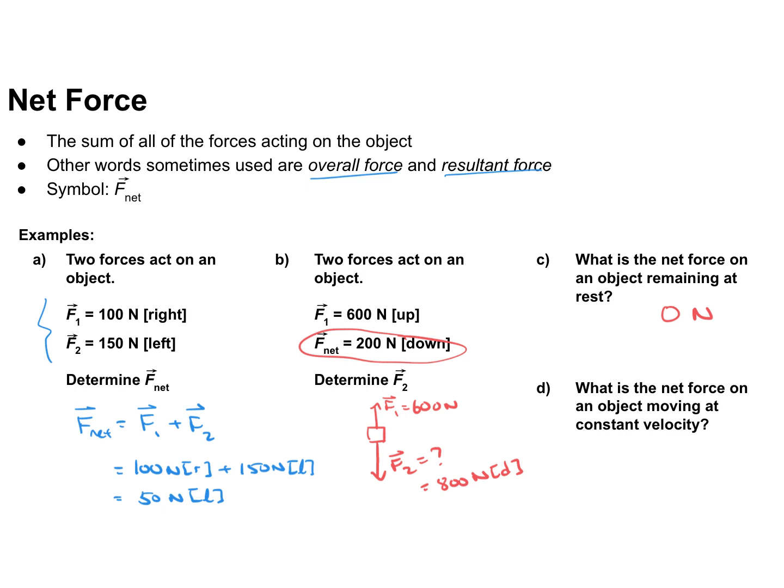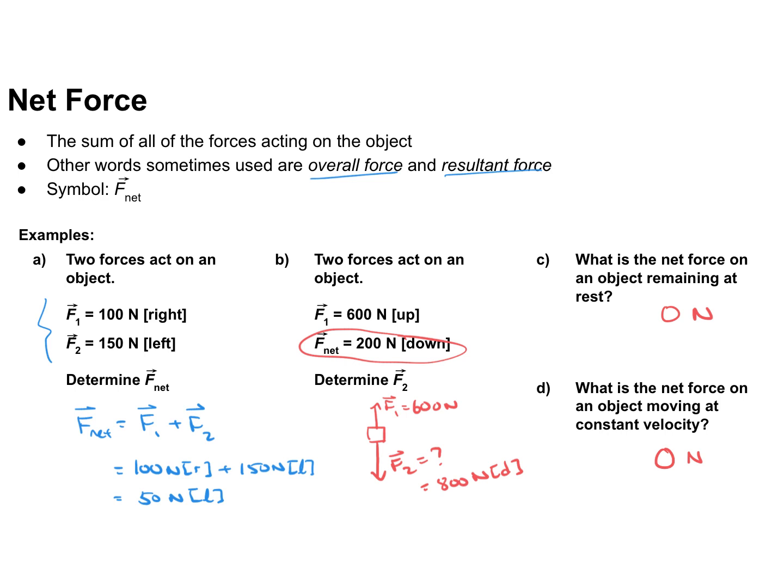And D, what is the net force on an object moving at a constant velocity? This may not be as intuitive as part C, but if you learned Newton's laws properly last year, the answer to this is actually also 0 newtons.